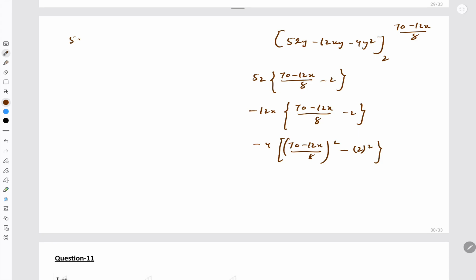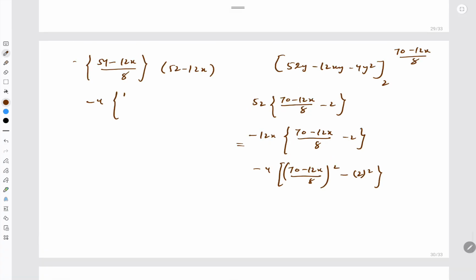So 52 into 70 minus 16 is what? 54, right? 54 minus 12x upon 8. And this is the same thing. So the second one, I can rewrite it as 52 minus 12x minus 4. 70 square, this is 4900 minus.